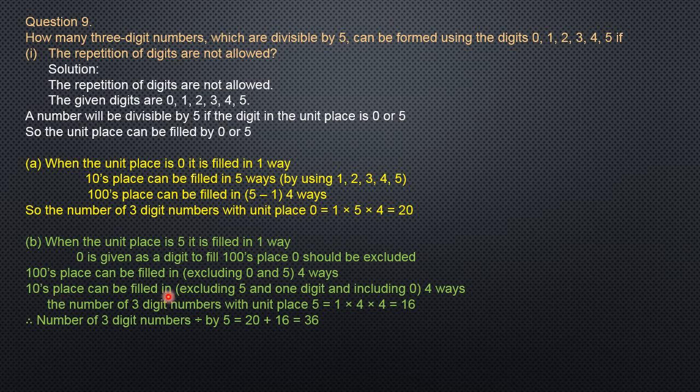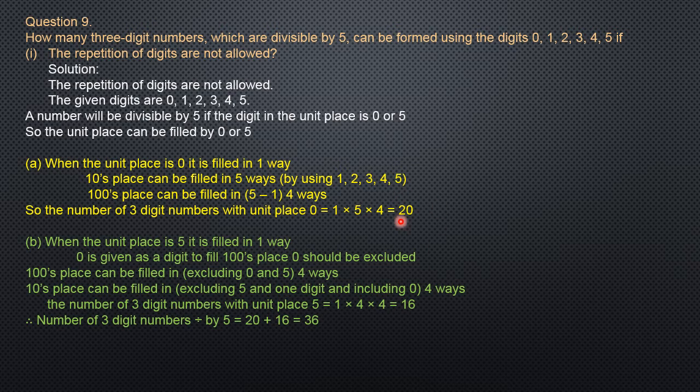Then the tens place can be filled again in 4 ways, because we filled 5 and another non-zero number. Now remaining are 0 and 3 non-zero numbers, therefore 4 numbers. The number of 3-digit numbers with unit place 5 is 1 into 4 into 4, that is 16.